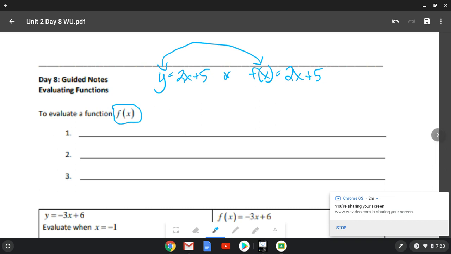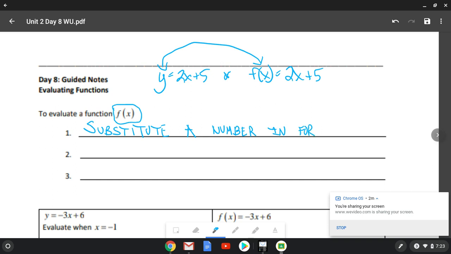So the first thing we have to do to evaluate a function written in f of x notation is the first thing that we did a few days ago, and that's just substitute a number. So substitute a number in for a variable.